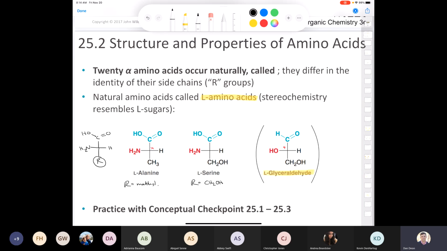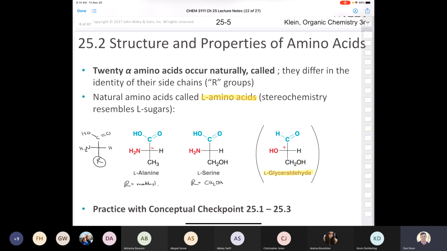You can see how the names alanine and serine have no connection to a methyl group or a CH2OH. So it's purely memorization or familiarization of yourself with the R groups in order to know the names of the 20 naturally occurring amino acids. Again, you don't have to have them memorized, but you will familiarize yourself with them as you progress through the chapter. Well, let's look at those 20 amino acids and look at all of these different R groups.